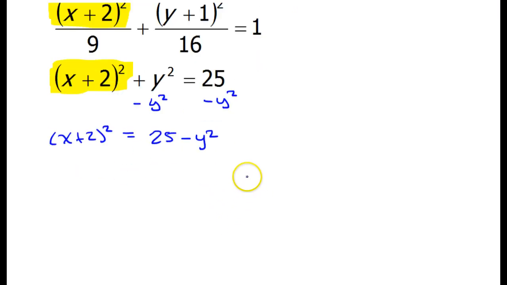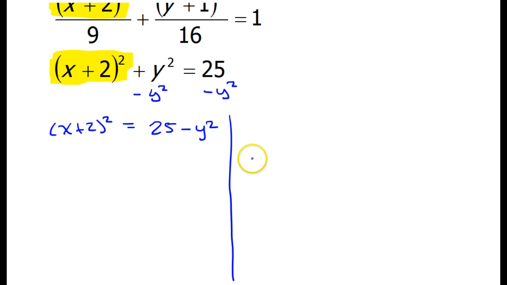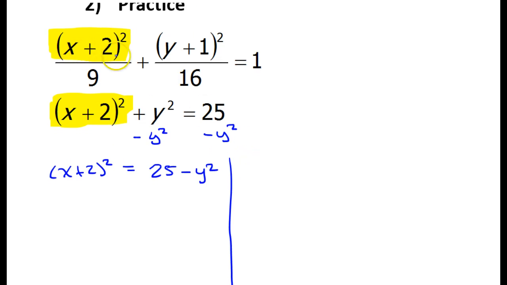Now I'm going to draw a line right here. I can write the other equation, but instead of putting x plus 2 squared, I can put what I have on the right hand side of the equation. So I'm going to take this equation and rewrite it.